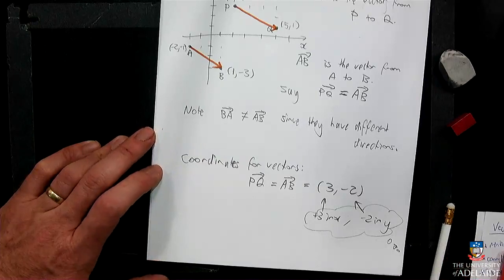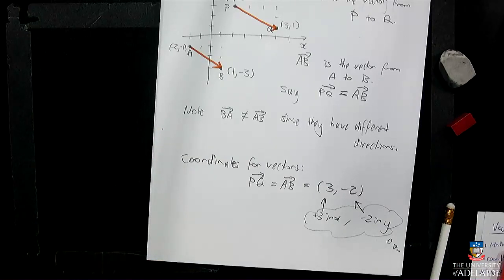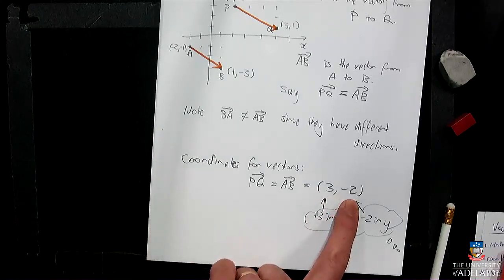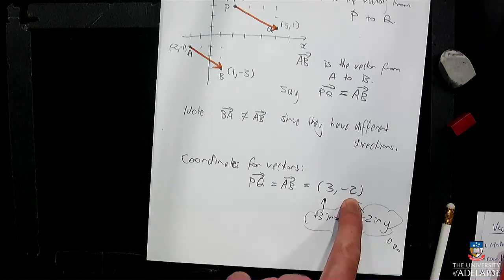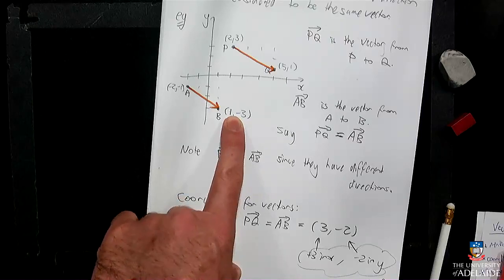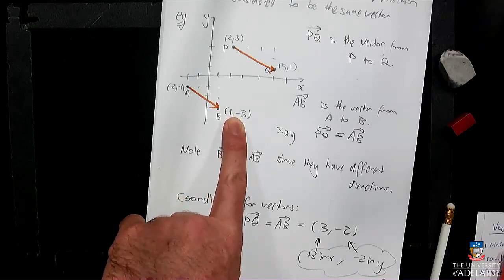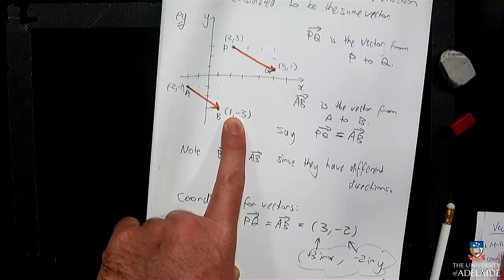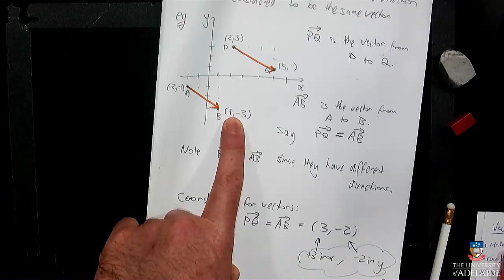Okay? You will notice that the coordinates I have written here for the vector look exactly the same sort of thing as the coordinates I have written here for the points. That's just the way it is. And the reason is going to hopefully become clear in a moment.